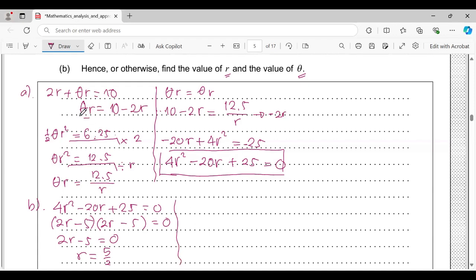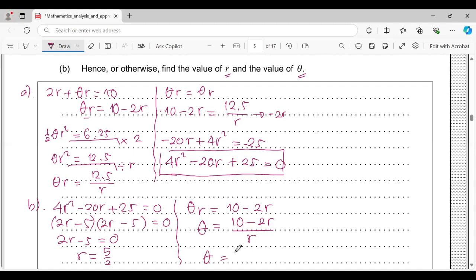Now, we are going to use this equation. Theta r equals 10 minus 2r. Theta equals 10 minus 2r over r.